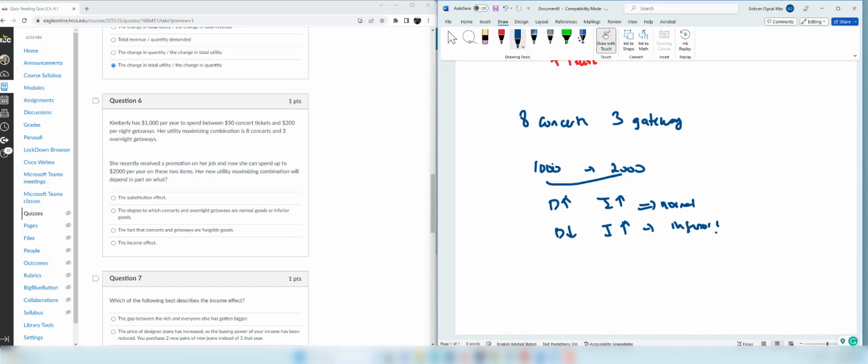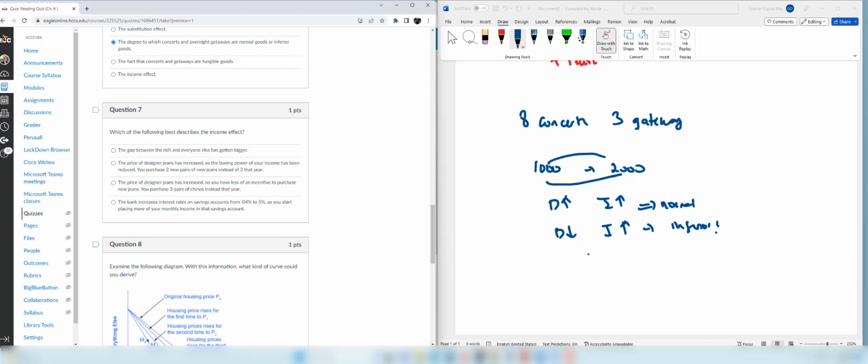So we know that the income doubles, but we don't know whether concerts and getaways are normal goods or inferior goods. So the degree to which concerts or overnight getaways are normal or inferior goods is important to determine the impact of the income change on this consumer's consumption bundle. Therefore, the right answer is the second option.